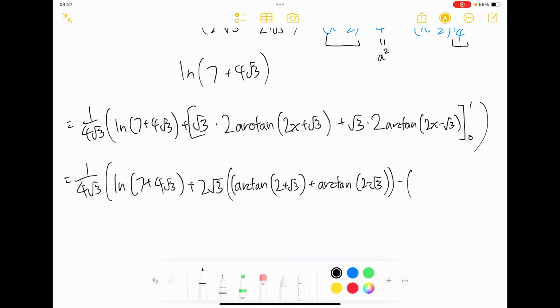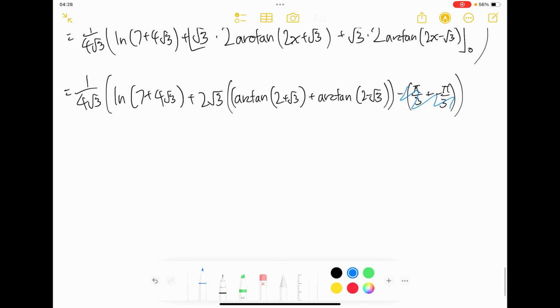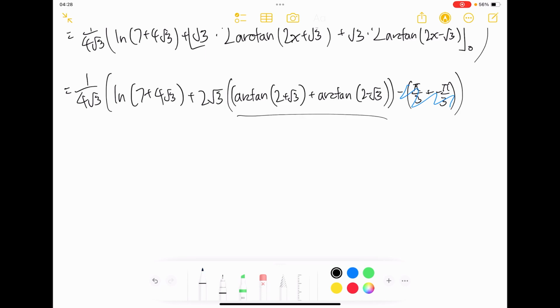So when I put in 0, it's going to be the inverse tangent of... Hold on. Inverse tangent of root 3, which is pi over 3, plus the inverse tangent of negative root 3, which is negative pi over 3. So that goes away because they cancel out. And we're left with this thing.